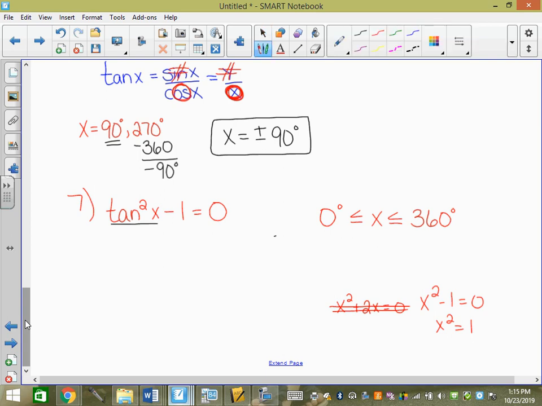If I have a tan x with it, we're done. Everything to one side. Have to solve it a totally different way. So only when we have a tan squared by itself. We're going to get tan squared x equals 1. And then what are we going to have to do? Square root, which means we have to plus or minus. And if you forget the plus or minus, you're losing half of your answers.